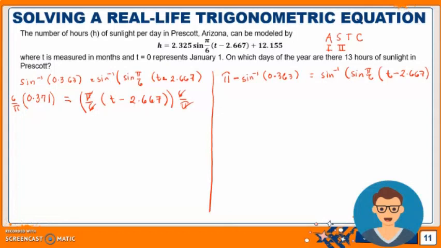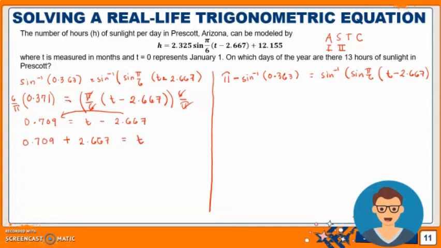So that is 0.371 times 6 divided by π, approximately 0.709 = t − 2.667. And then transpose this to the other side. So that is 0.709 plus 2.667 is equal to t.